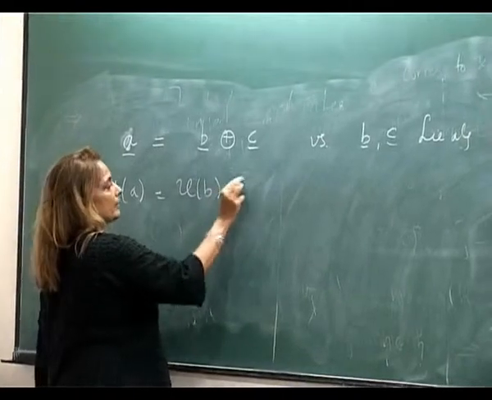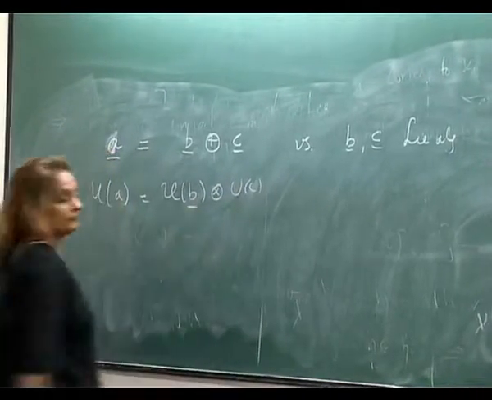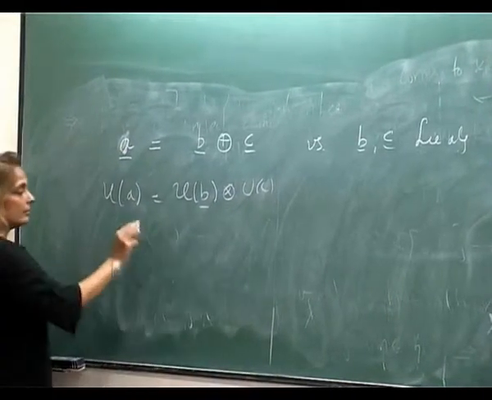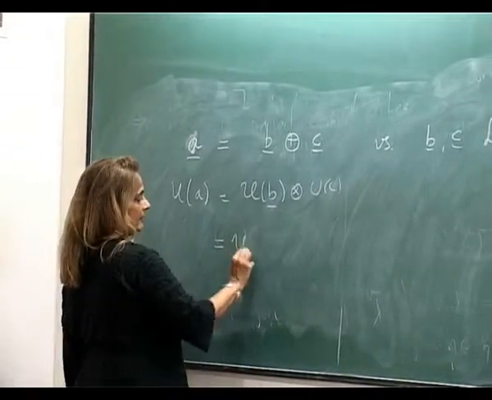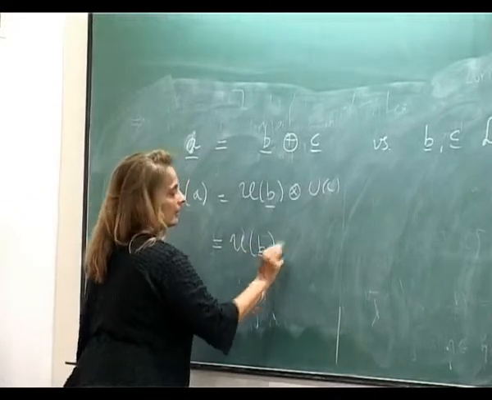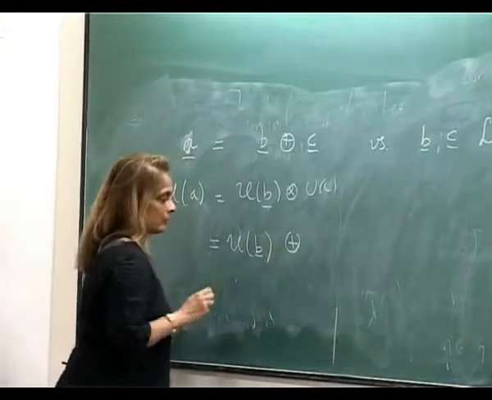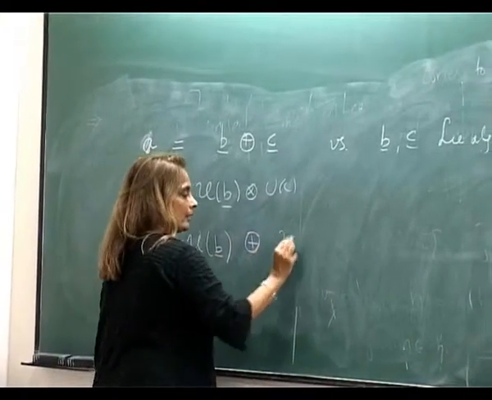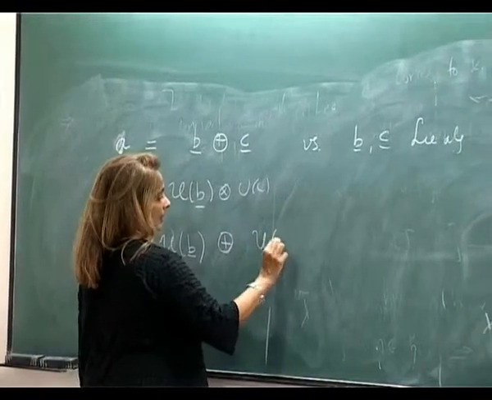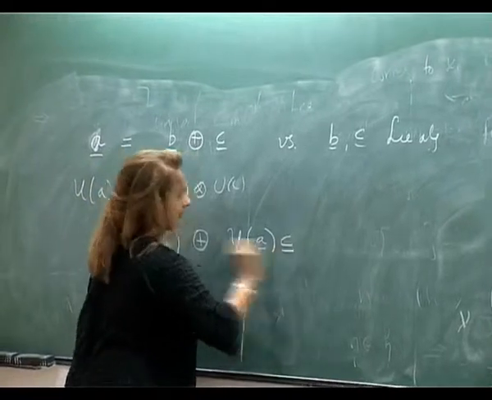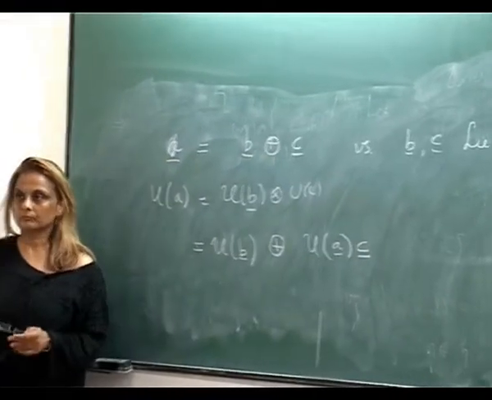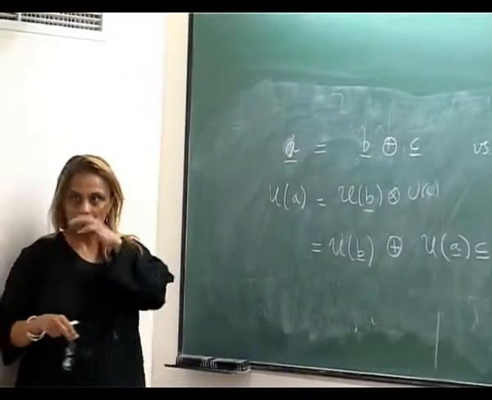This is Poincare-Birkhoff-Witt. Okay. And then what you can do is, for instance, you could choose to make B special. So you could write this as U of B, direct sum, oops, the U of A times this C. Right.